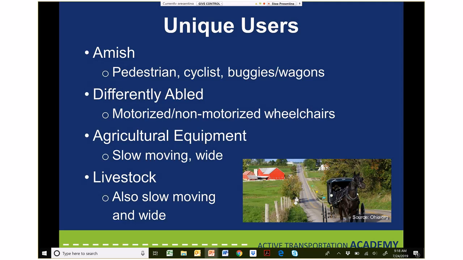How do we make sure that those types of unique users can participate in the roadway network, but at the same time coexist with people who are walking and biking? And then livestock also maybe seems funny, but this is a concern. So how do we address planning for active transportation and also understanding that there might be some unique barriers as well that aren't always present?